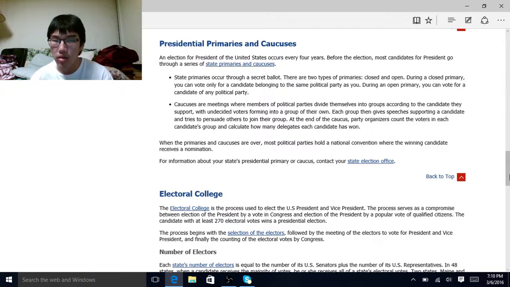So the electoral college voted. So there's an electoral college and they're going to vote for who becomes president. So they had their debates and they tried to get the support of potential voters, and state primaries.